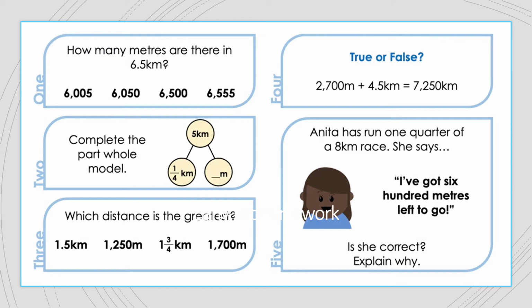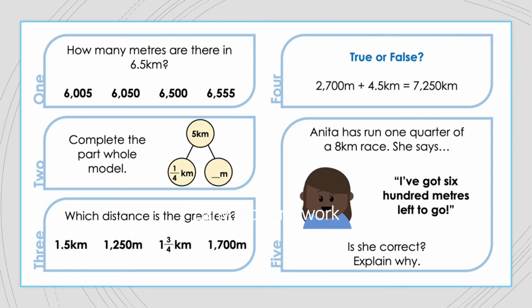Okay, let's go through the answers, shall we? So, number 1, how many metres are there in 6.5 kilometres? So, 6.5 kilometres is the same as 6,500 metres. So, I would have circled that one. Number 2, complete the part-whole model.